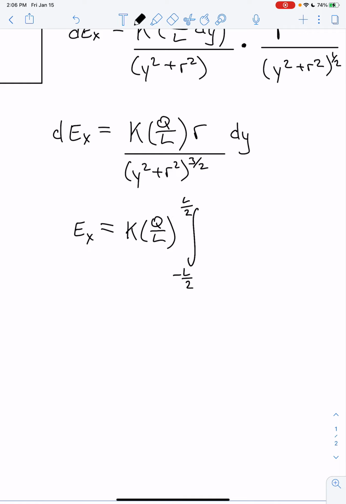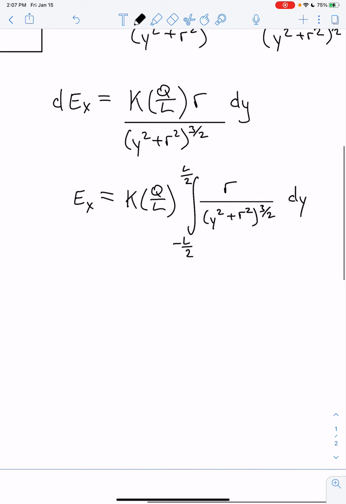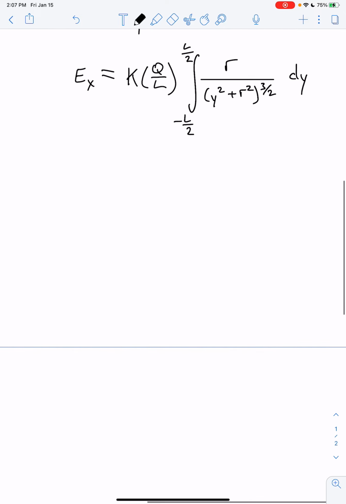And we're integrating all the things that are going to be relevant. So we've taken out the constants. Okay. And so now we do our integration of this term.